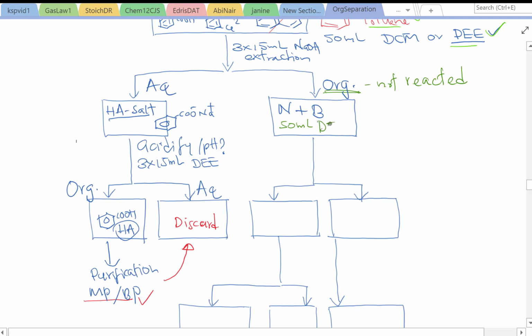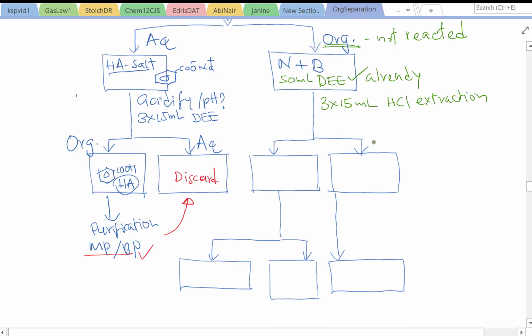So we already have the 50 milliliters of ether or DCM. Then 3 times 15 milliliters HCl extraction, and then separate aqueous and organic. The organic has the neutral, and the aqueous has the salt of the base. The salt of the base has to be treated separately.